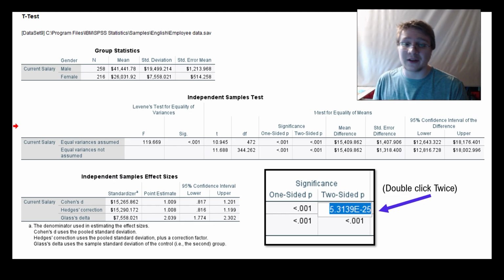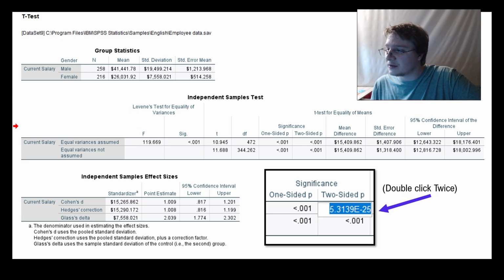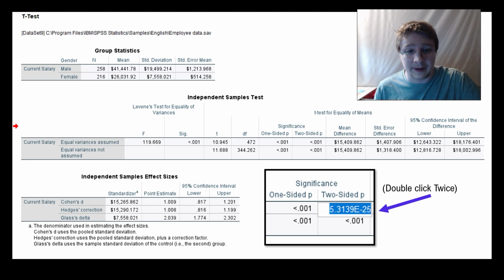It's small enough that you don't really need to know unless you really want to know, which is why it shortcuts at that. So the mean difference is the difference between 26,000 and 41,000, about 15,000, which makes sense.